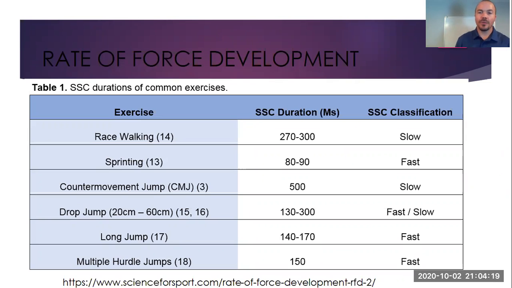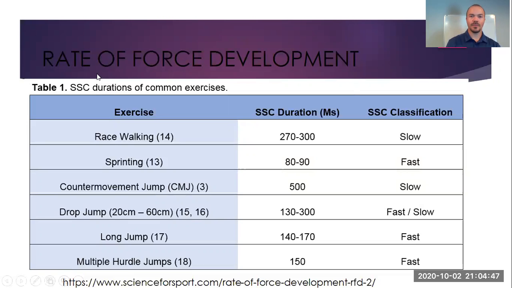Okay, so our rate of force development. This has a little bit to do with our stretch shortening cycle, looking at the event that we have and the length of the stretch shortening cycle, and maybe just considering if that's a fast or slow event.